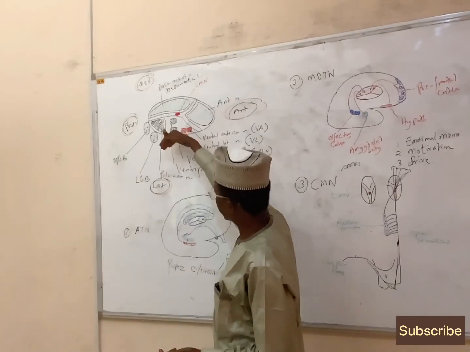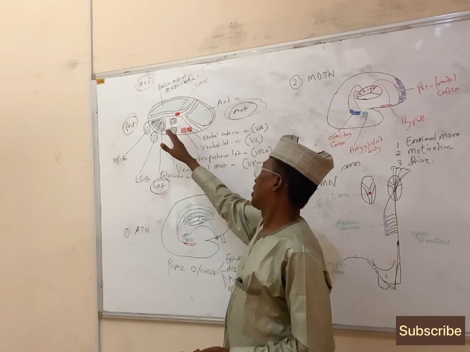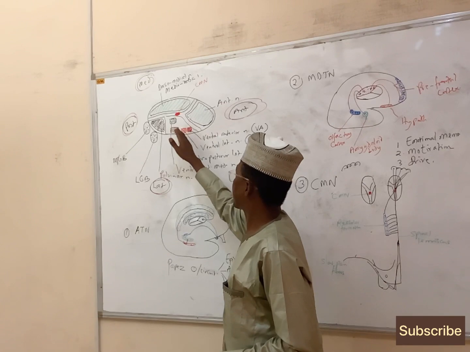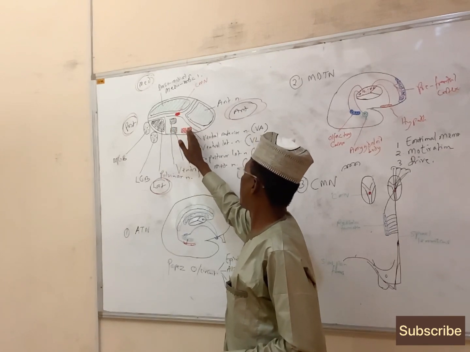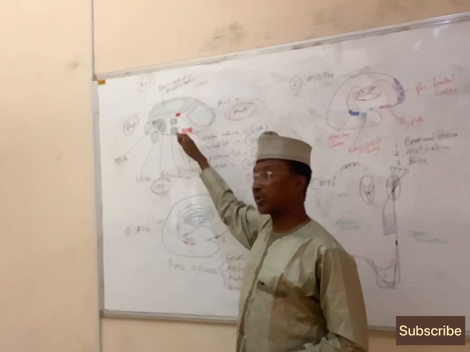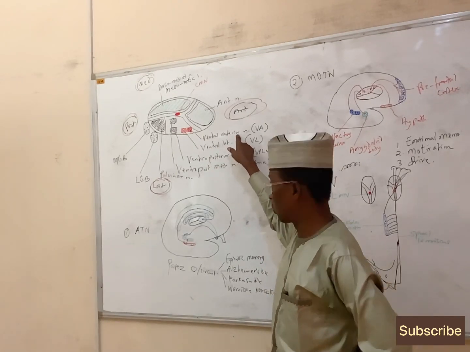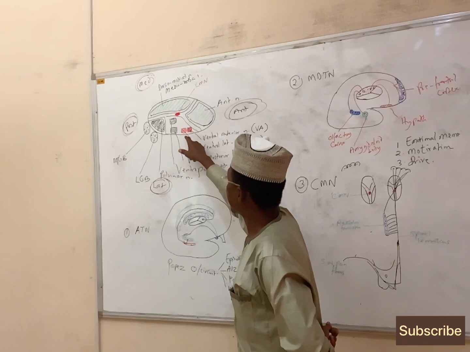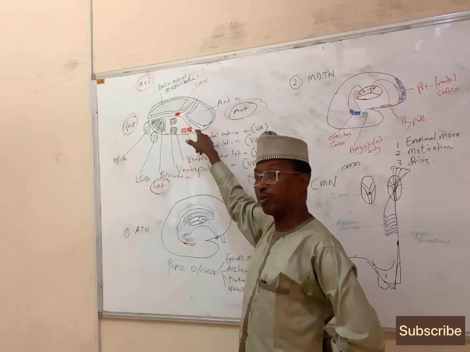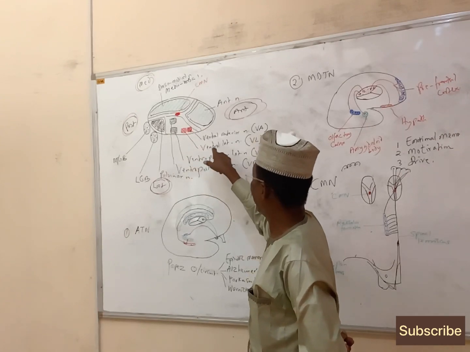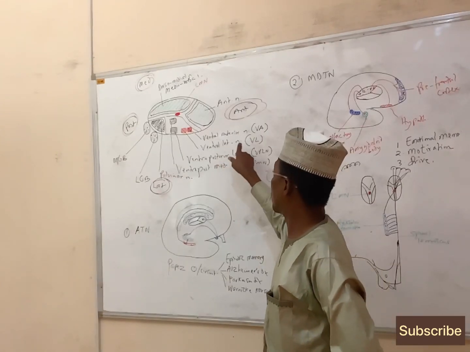Also on the lateral side, you have several nuclei. The most anterior part of this lateral group of nuclei we call the ventral anterior thalamic nucleus. And then on the posterior aspect of this ventral anterior, you have one on the lateral side, which we call the ventral lateral thalamic nucleus.